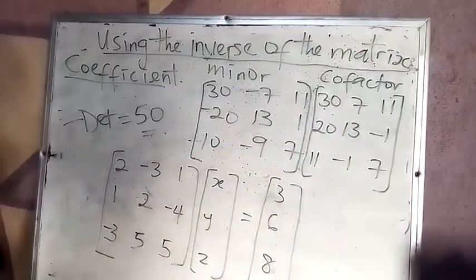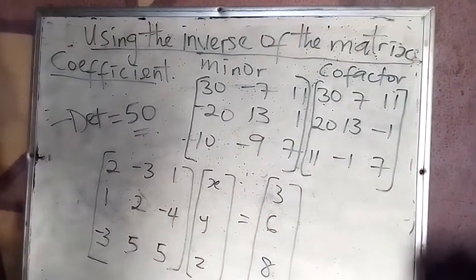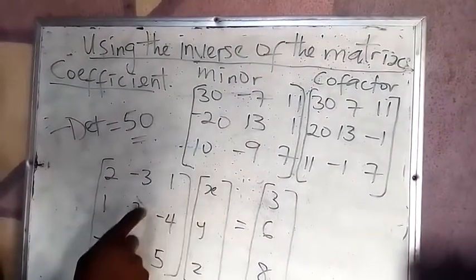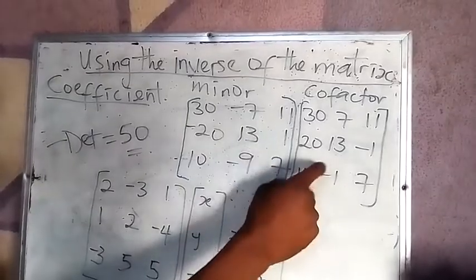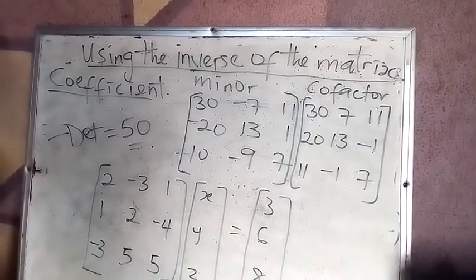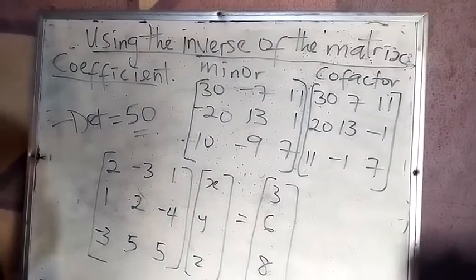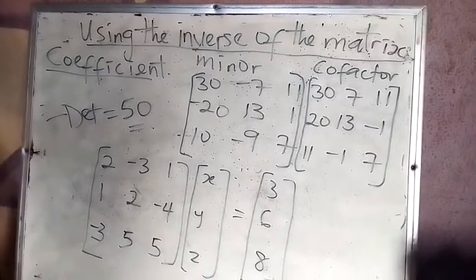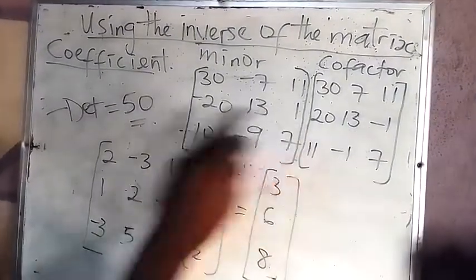So this is a cofactor. You find the minor. The minor is this, and the cofactor of this minor is this. If you don't know how to find the cofactor, check my previous videos on how to do the cofactors for 3 by 3.